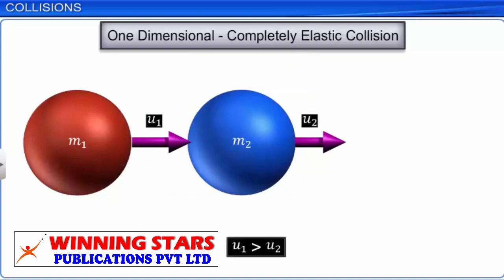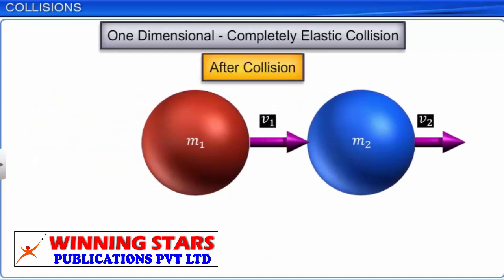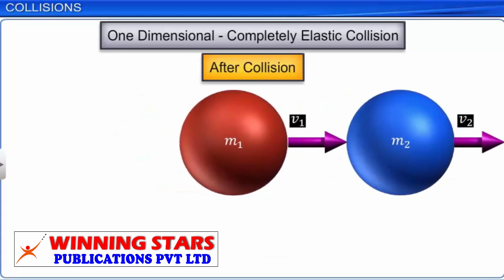If u1 is greater than u2, then there will be a collision between the two bodies. Let the collision between the two bodies be elastic. Let the velocity of m1 be v1 and that of m2 be v2, just after the elastic collision.